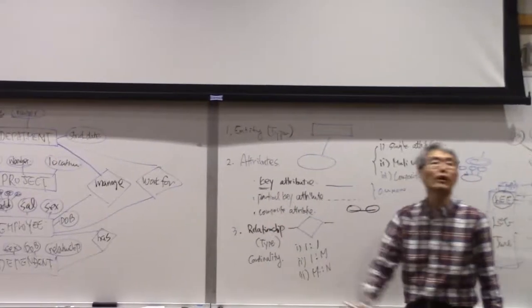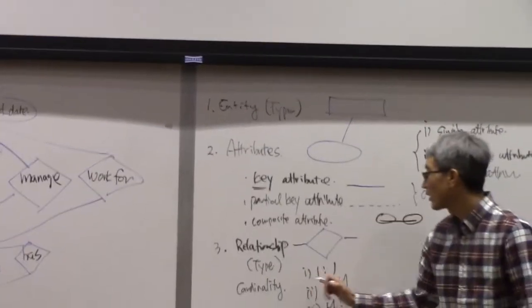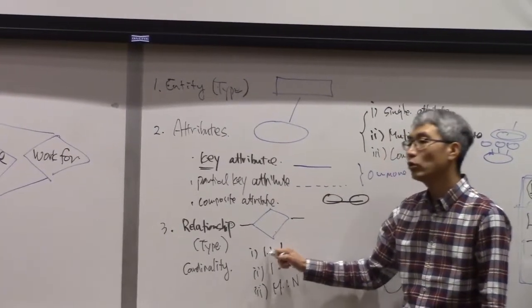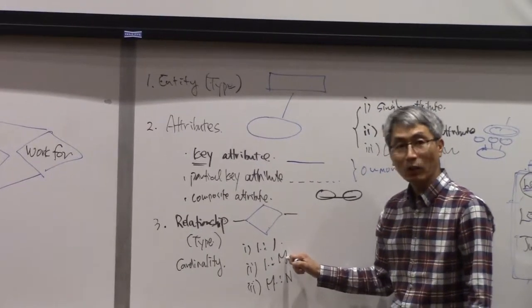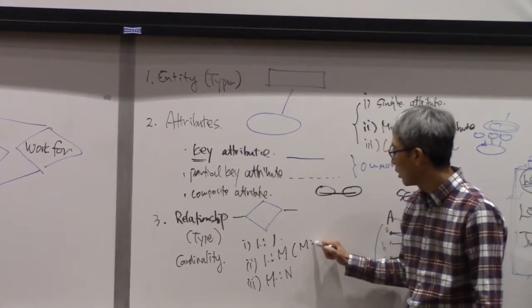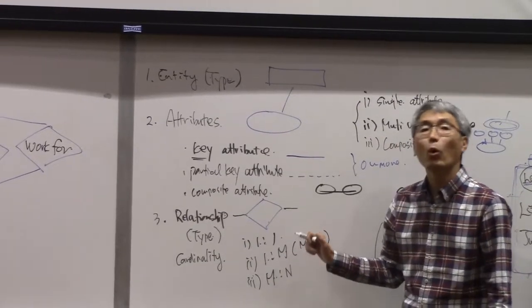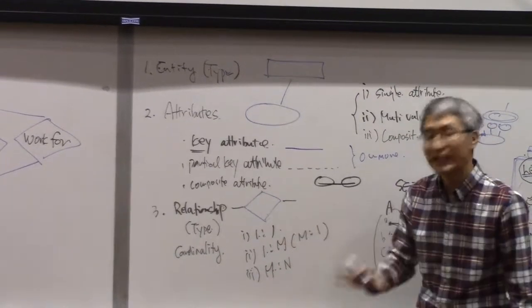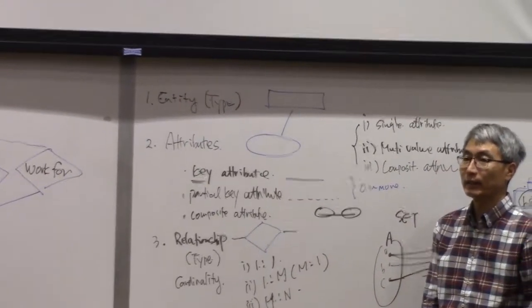So relationship cardinality. There are three different types of cardinality. One is 1 to 1, 1 to many, or many to 1. We use M or N to represent a many side, and many to many. Okay.